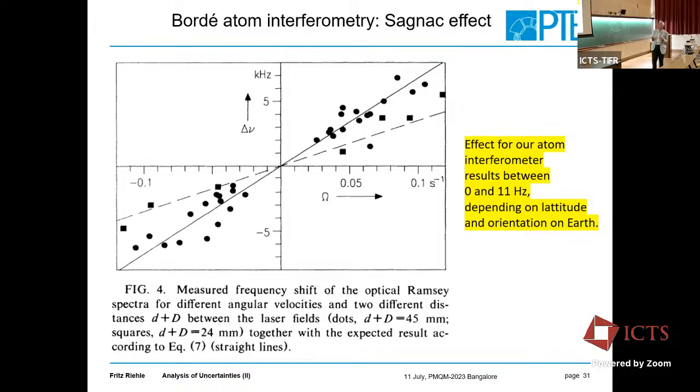So in principle, we had to use a Sagnac effect corrected for the latitude of Braunschweig, which was below 5 hertz. We had to subtract it, but we didn't do it because we didn't know that we operate an atom interferometer. And so there was an error that was not recognized at this time.